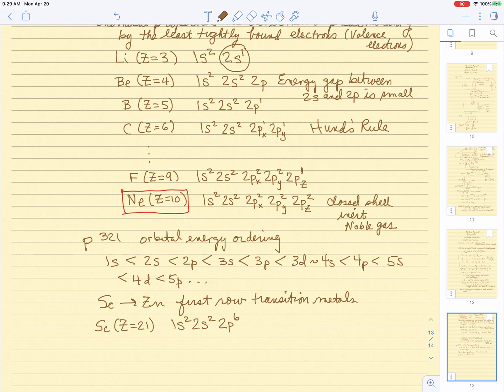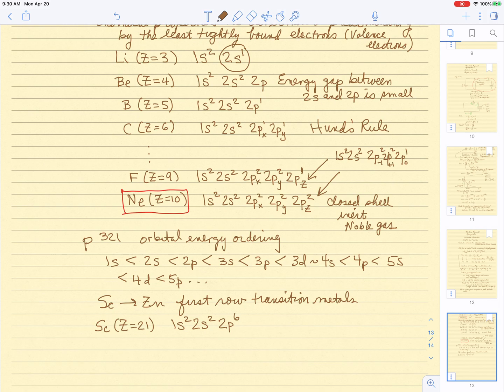I should point out here that we could very well go back and have written any of these differently. So fluorine, for instance, we could have written as 1s2, 2s2, 2p negative 1 squared, 2p plus 1 squared, 2p 0 1.